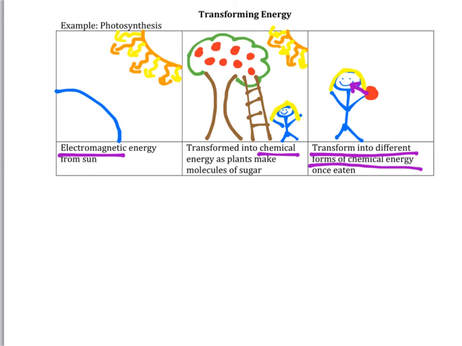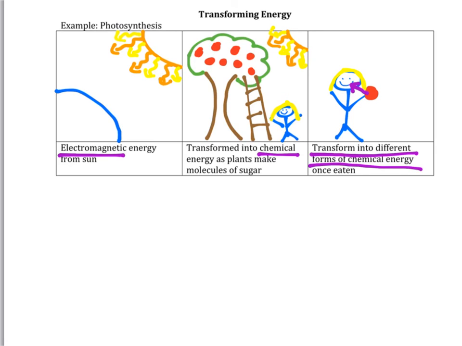We know that that electromagnetic energy that travels as visible light ultimately is transformed into chemical energy as plants make molecules of sugar through the process of photosynthesis. So here I drew the sun to remind me that the electromagnetic energy is traveling through waves, but I drew a tree with apples, and here I am climbing up the tree.